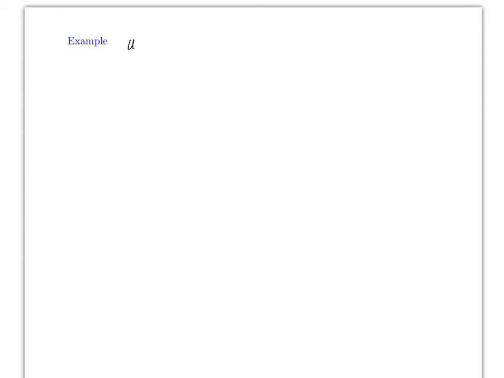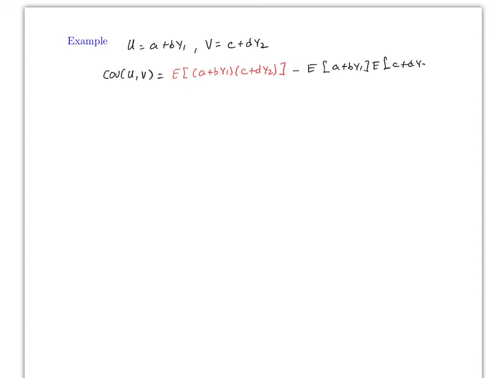Let's say that U is equal to a plus b y1, and V is equal to c plus d y2. Then what will be the covariance between U and V? Again, by definition, this will be the expected value of a plus b y1 times c plus d y2, minus the expected value of U, which is a plus b y1, times the expected value of V, which is c plus d y2.